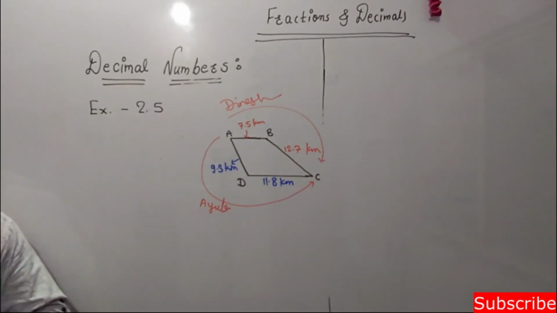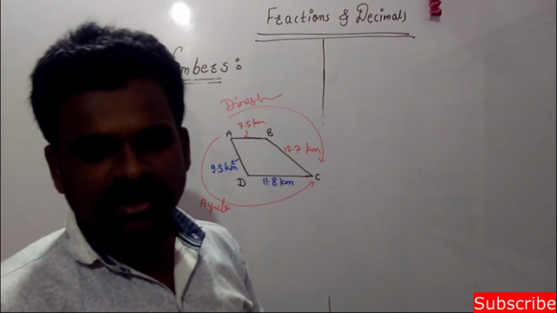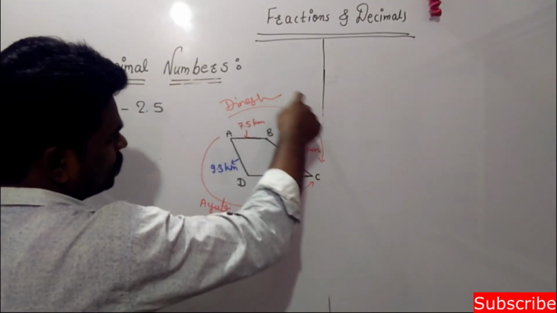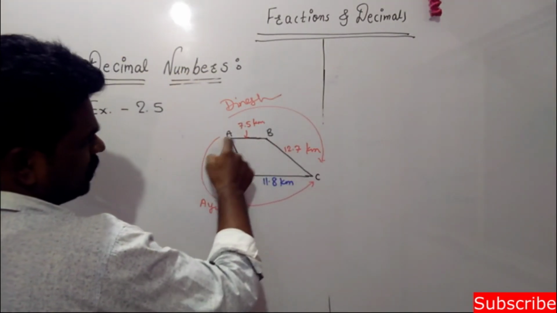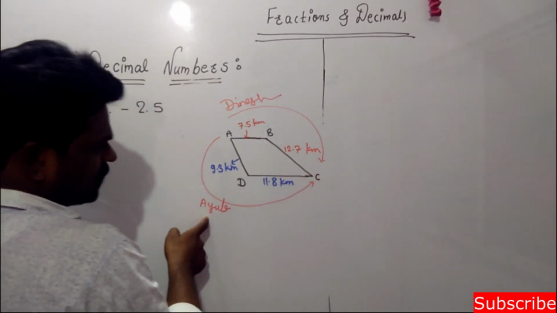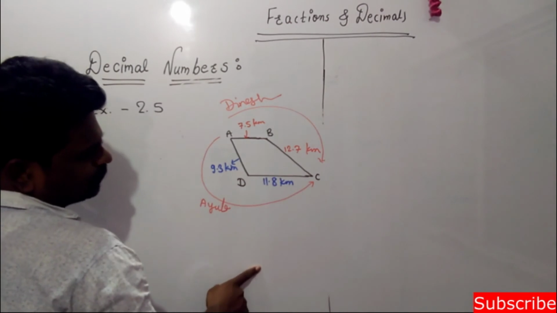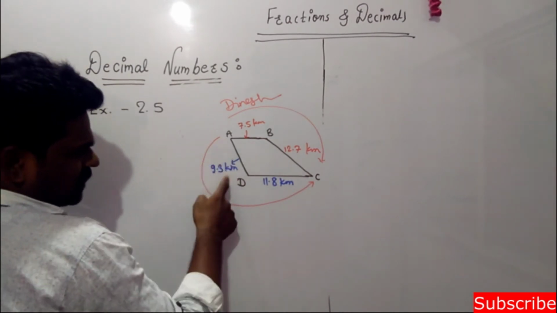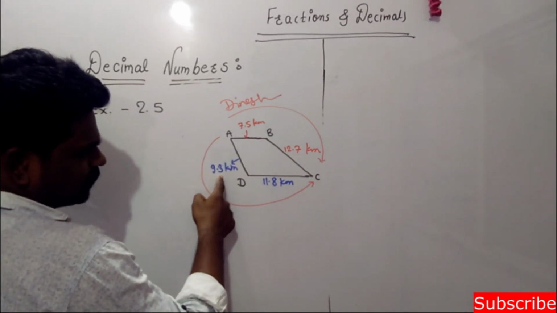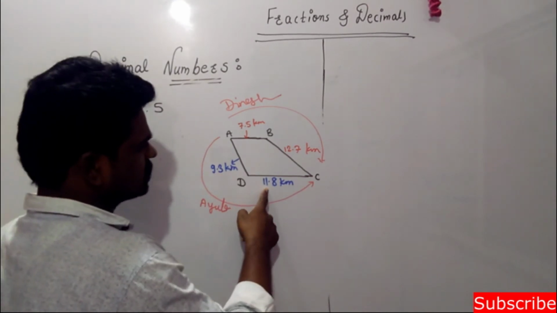Who traveled more and by how much? The question is very simple. This is Dinesh who is traveling from A to B and B to C. This is Ayub who is traveling from A to D and D to C. Ayub has traveled 9.3 km in the first phase and 11.8 km in the second phase.